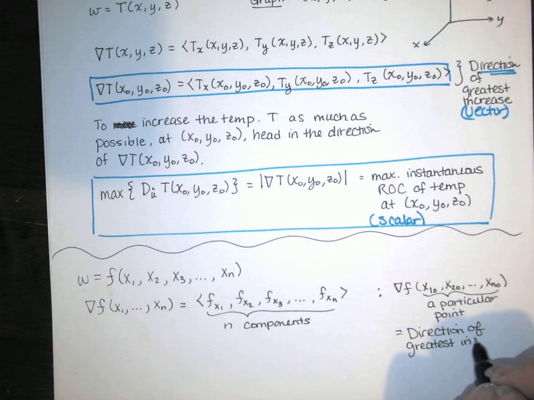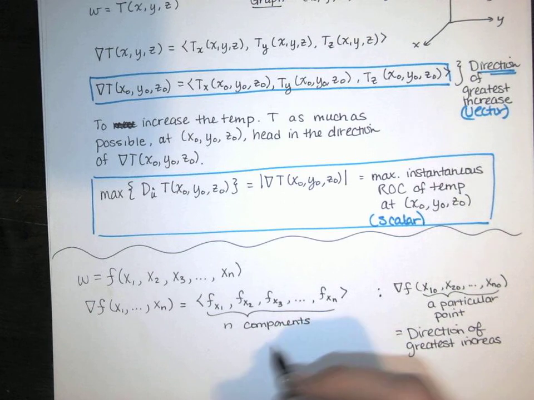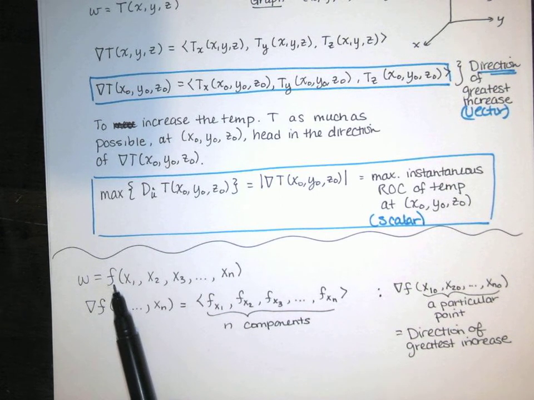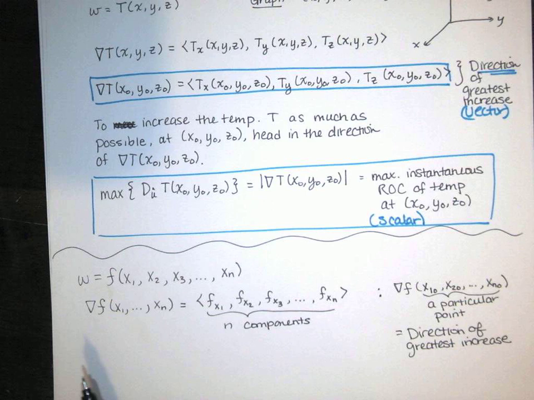And you might say, what do we mean by direction? I don't know. We're in n-dimensional space. But if we let x1, x2, x3, all the way through xn change by this much, and we head in that direction, the function values are going to increase as much as possible. And again, this is a vector, it's not a scalar.